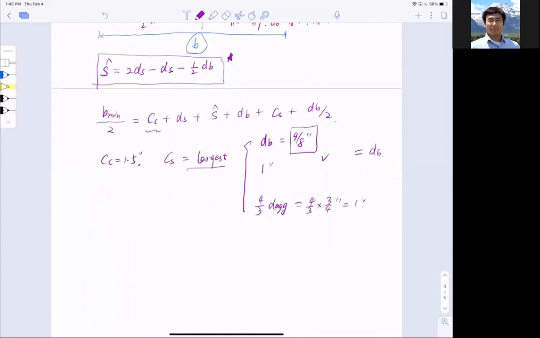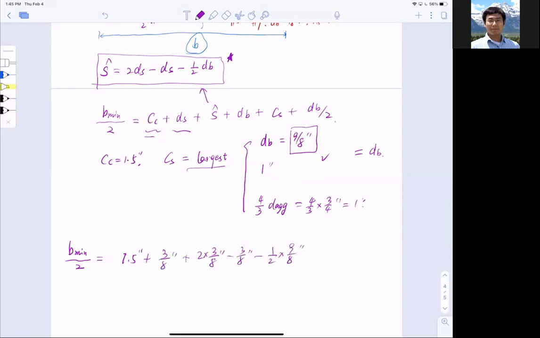After I figure this out, I want to bring all these numbers back in here. Half of the minimum beam width equals CC, which is 1.5 inch, plus ds, which is 3/8 because it's number 3 stirrups, plus S hat, which is this fellow right here: 2 multiplied by 3/8, 2ds, minus 3/8, minus half of dB. dB is number 9 here, so 9/8 of an inch.